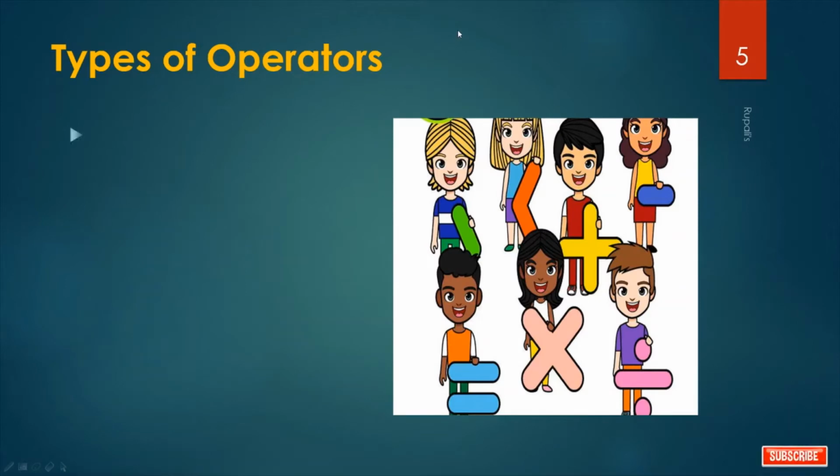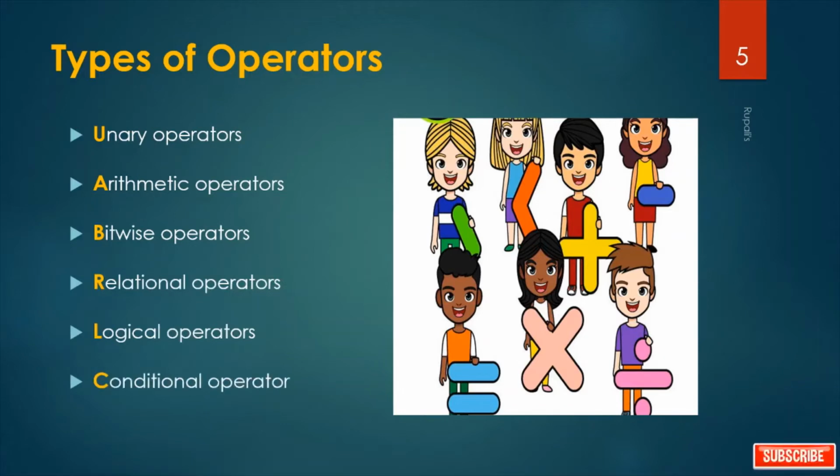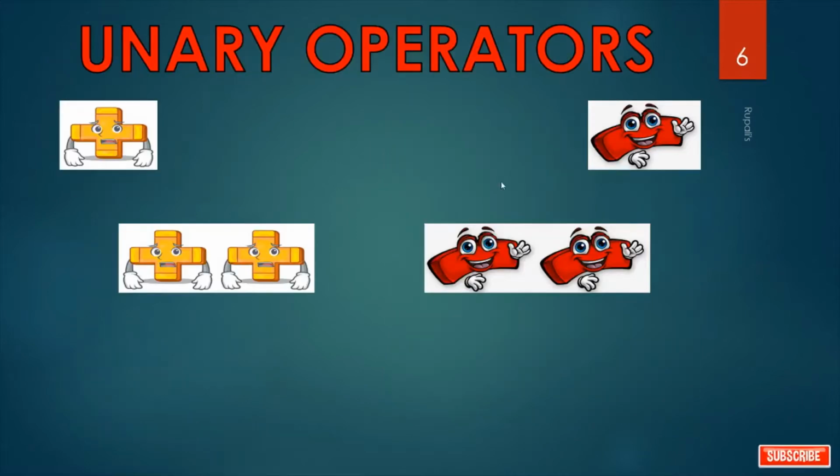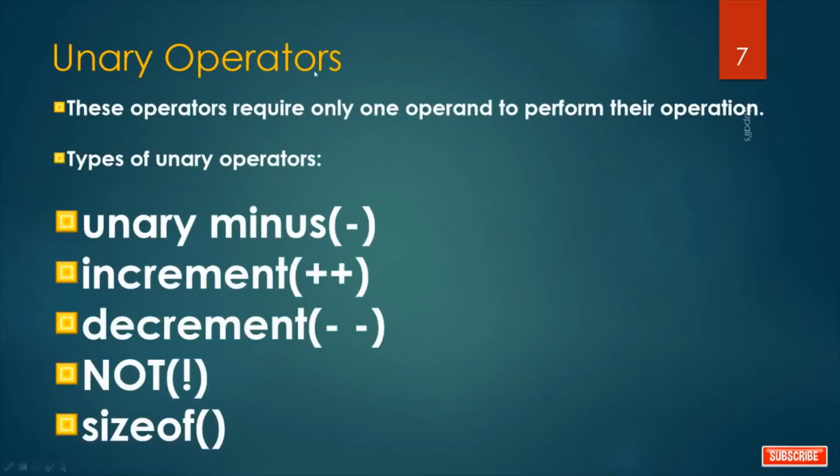Types of operators. Next, we have to learn unary operators, arithmetic operators, bitwise operators, relational operators, logical operators, conditional operator, and finally assignment operator. Today we will learn unary operators. These operators require only one operand to perform their operation.